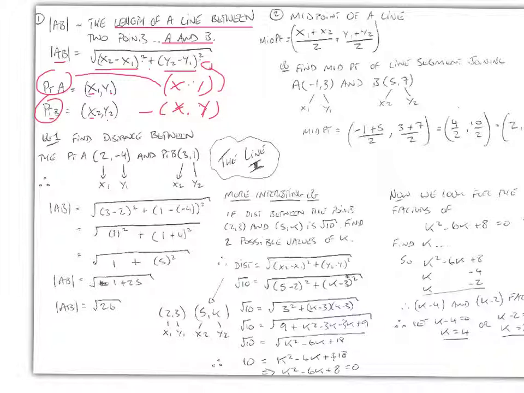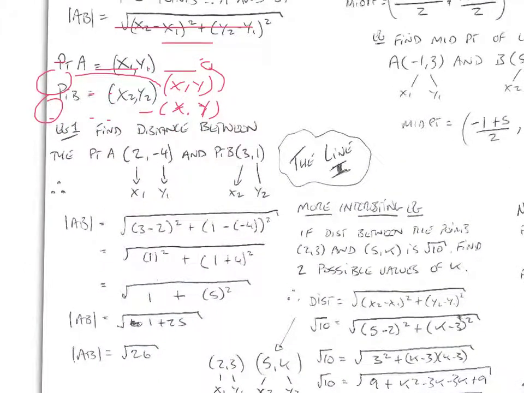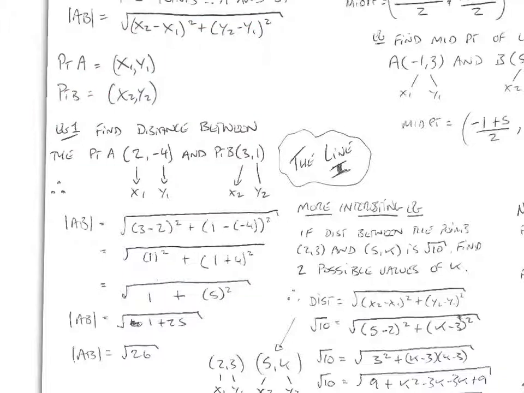Okay, so for example, find the distance between the point A, whose coordinates are at x is 2 and y is minus 4, and the point B with coordinates at x is 3 and y equals 1.